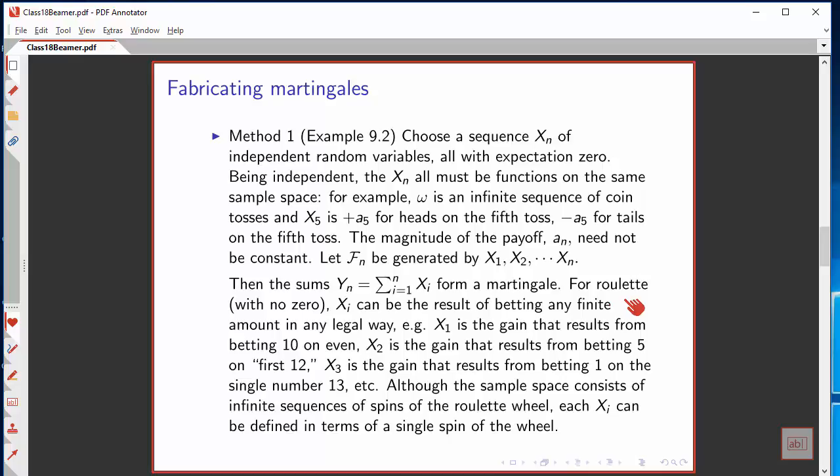So, for example, if we think about playing roulette with no 0, we need no 0 in order for the game to be fair.